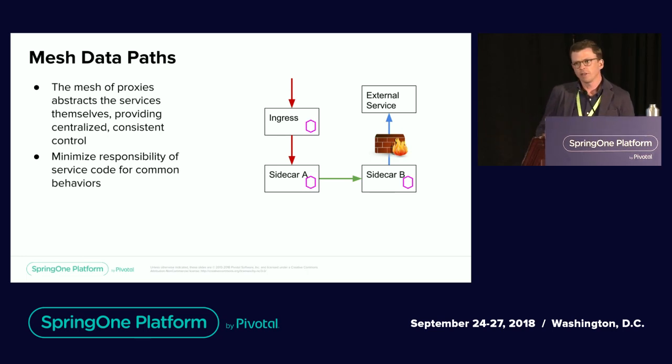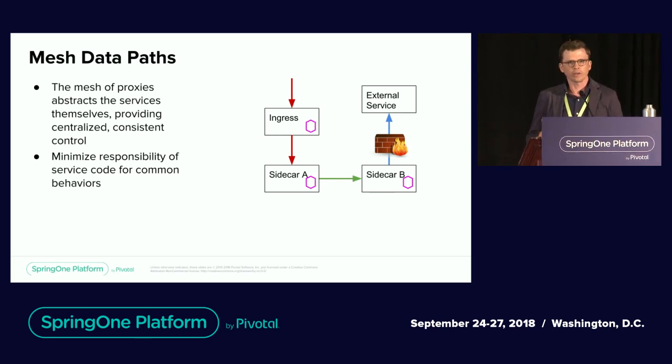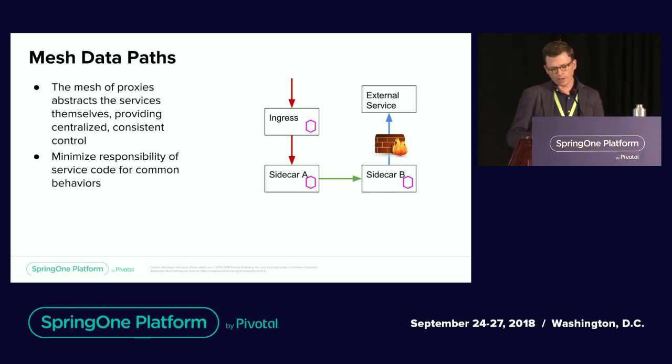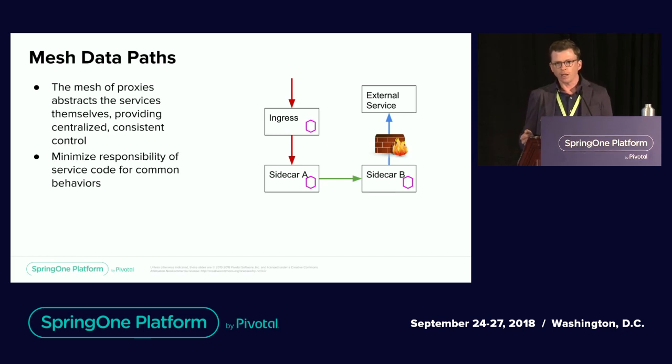When you think of it in that context, the data paths you're concerned with become a lot simpler because you're only talking about components you control. So in the use cases that I'll discuss to follow, we only need to worry about applying policy to these proxies.